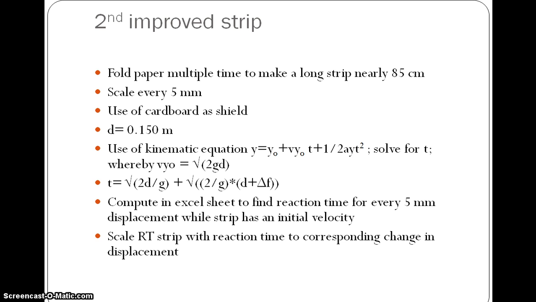And we computed in the Excel sheet the formula with the distance every 5 millimeter, and we get the reaction time for each of these displacements. And so we can scale down our reaction strip with the reaction time.